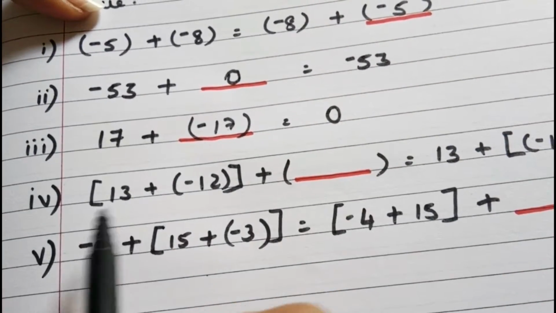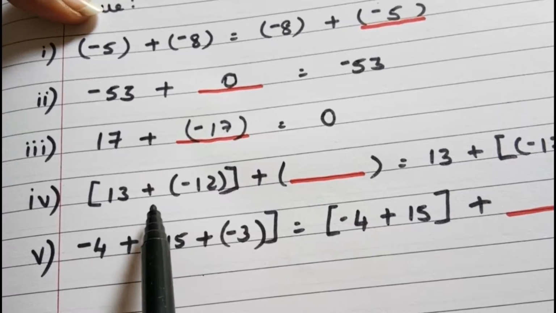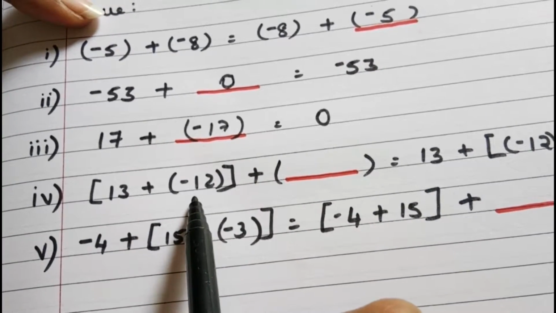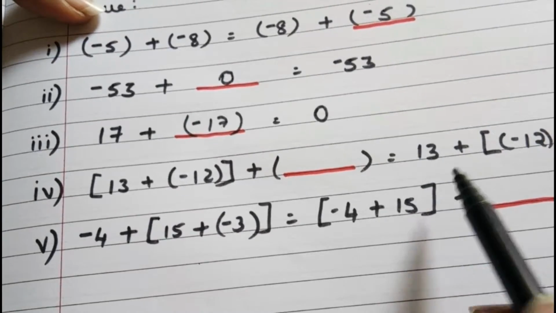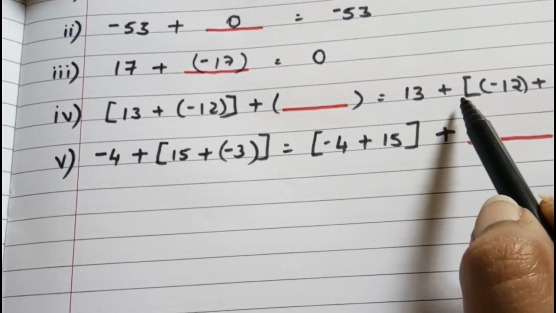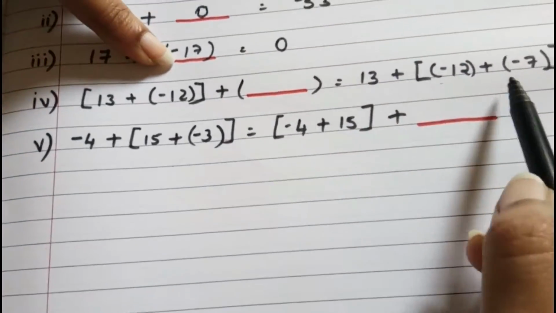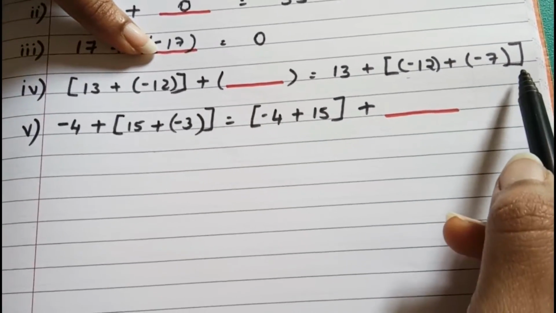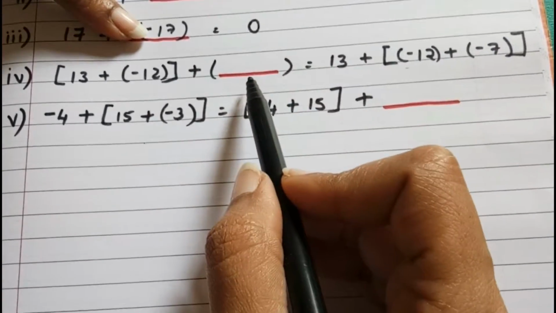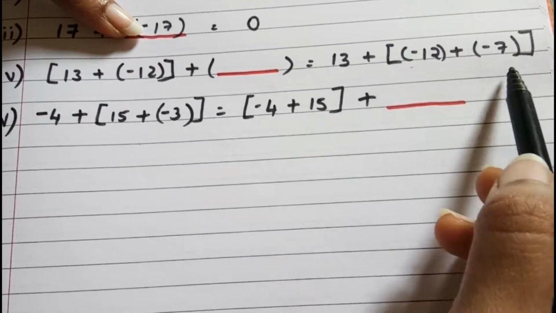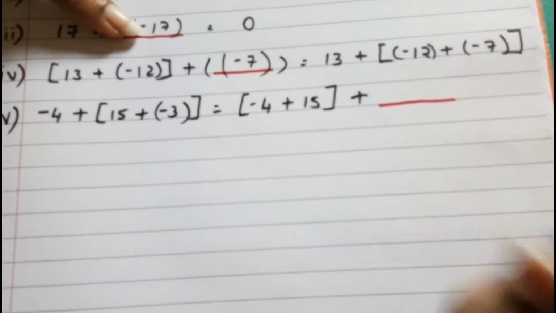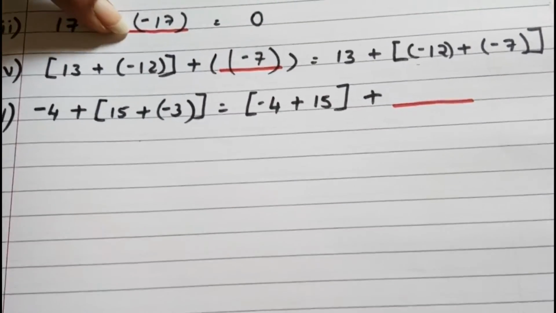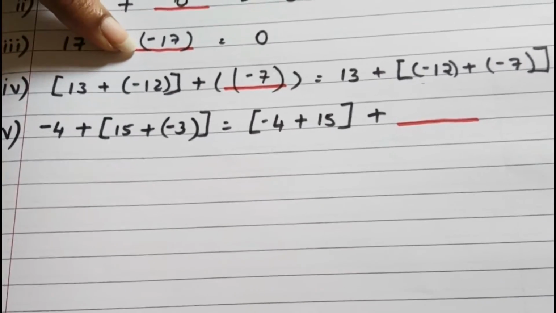Clear? Now minus 13 plus minus 12 plus dash is equal to minus 13 plus minus 12 plus minus 7. So what would we fill in the blank here? Yes, the answer is minus 7, and this falls under which property? Associative property. Clear?